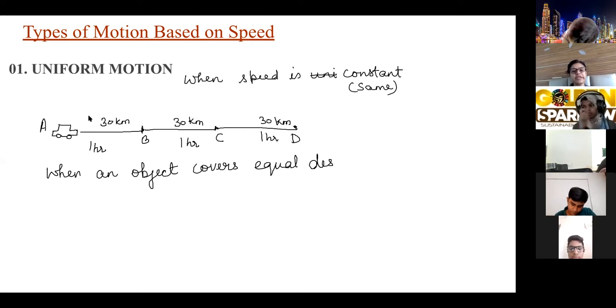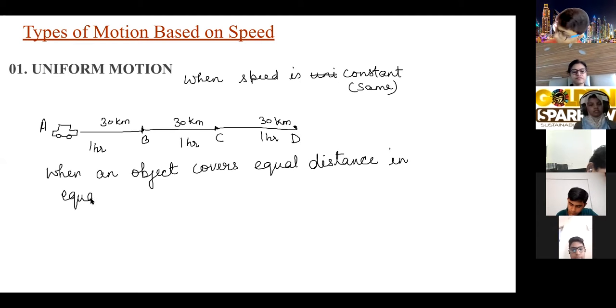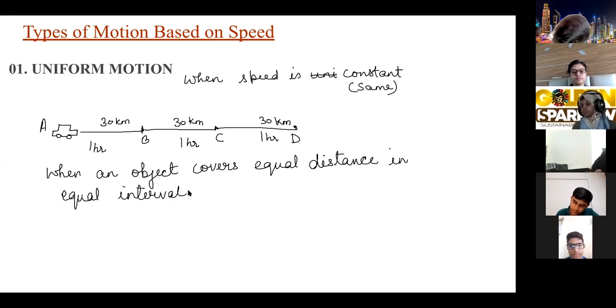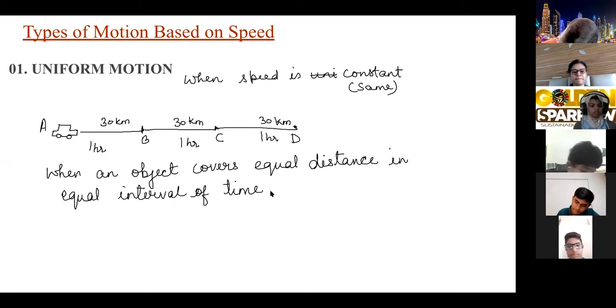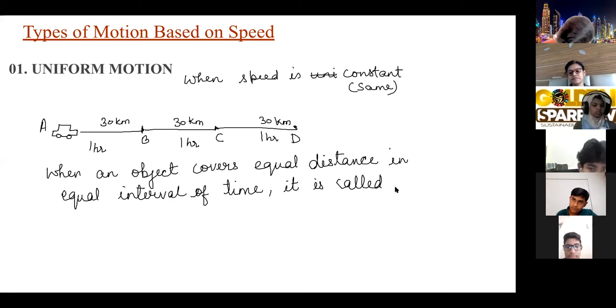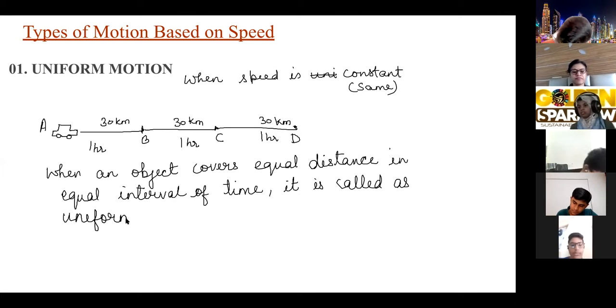We would be mainly dealing with uniform motion and non-uniform motion only in this chapter. It is called uniform motion.